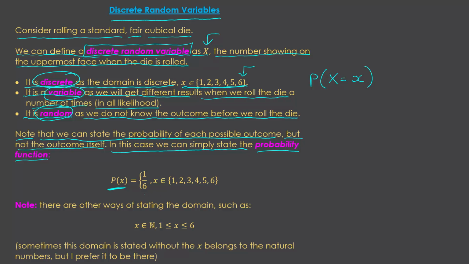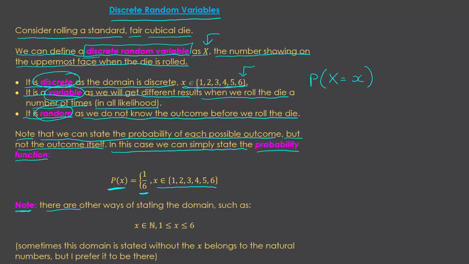So the probability of x in this case is 1/6 for each of the possible numbers in the domain. In other words, something you've known for years, if it's a standard fair cubical die, the probability of getting a 2 is 1 out of 6.